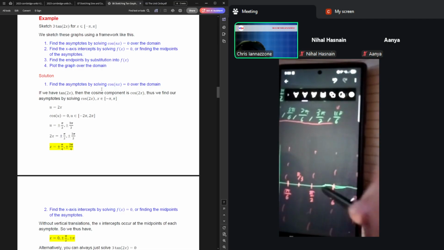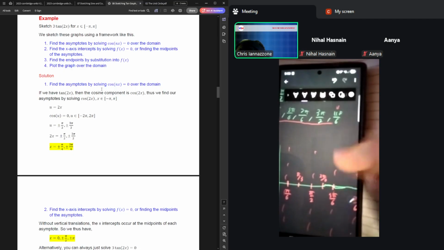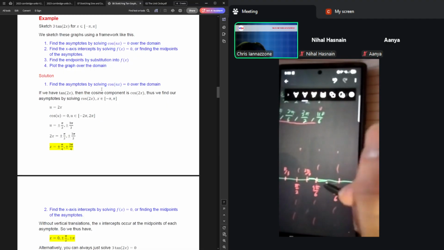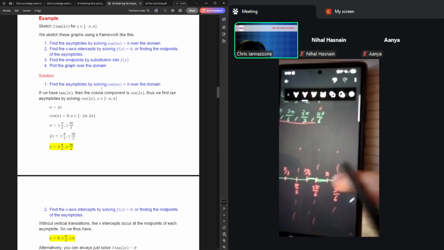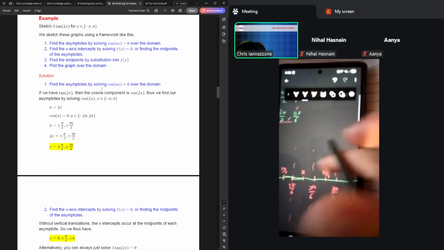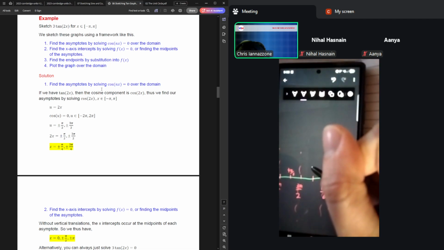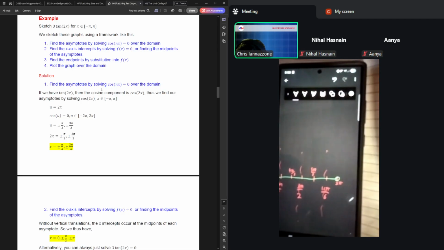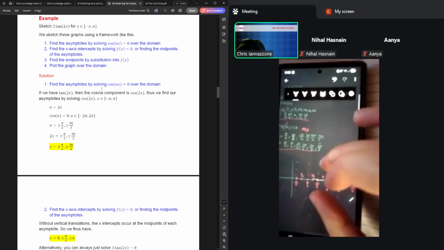Pi over 3, 2 pi over 3, pi over 3, 5 pi over 3, and we could put in the 2 pi or the 6 pi over 3, but because it's exclusive, we'll know to leave it an open circle there.